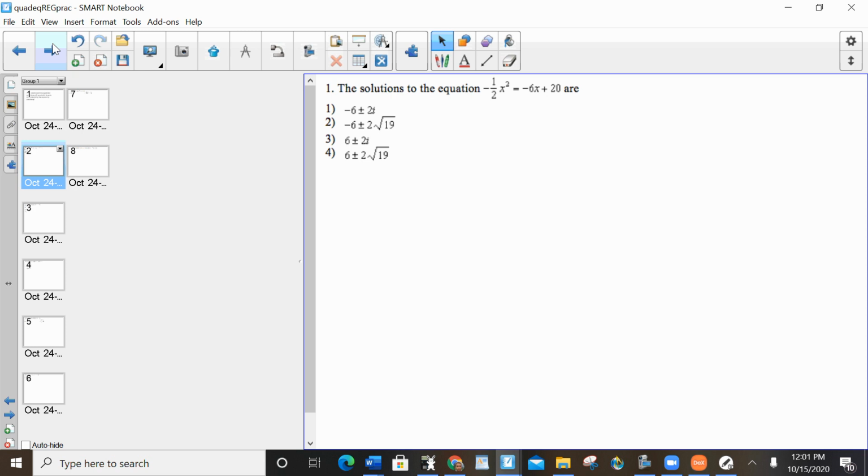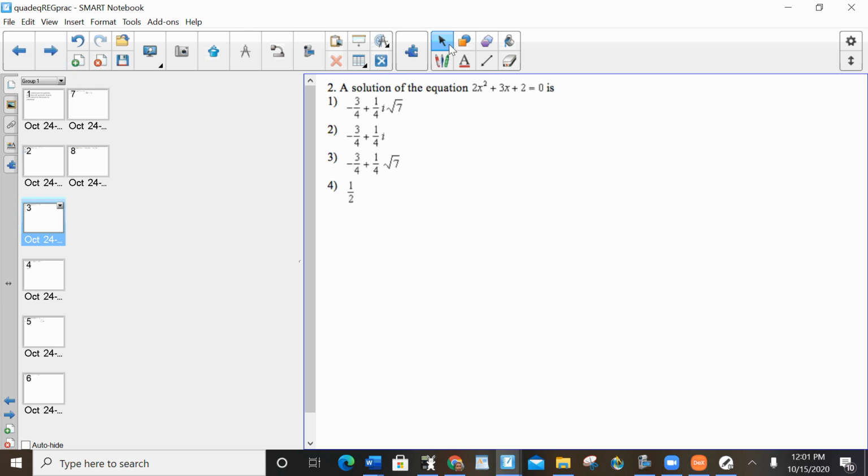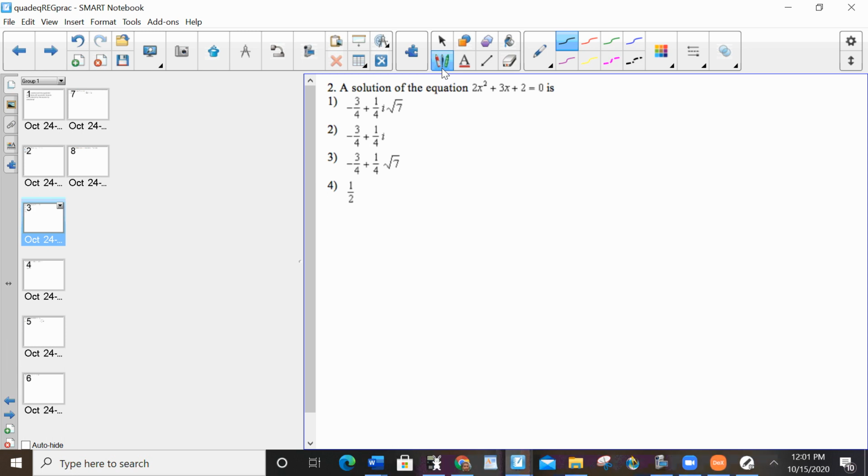So let's do number 2. First off, which should I use, quadratic formula or completing the square? Well, I can use either of them, but one is going to be really challenging to do and one is not.